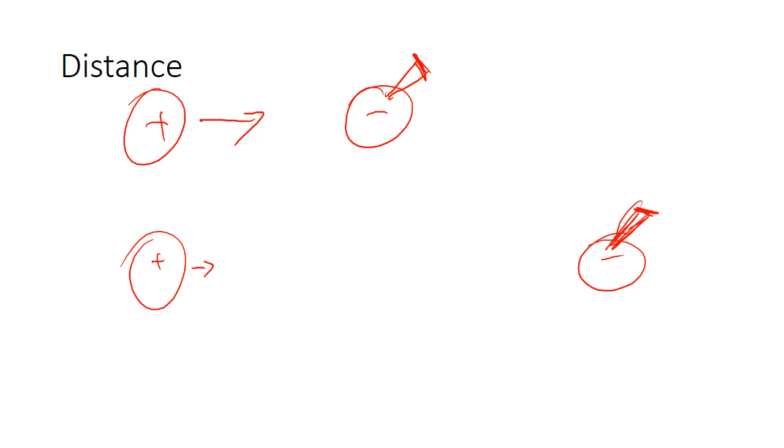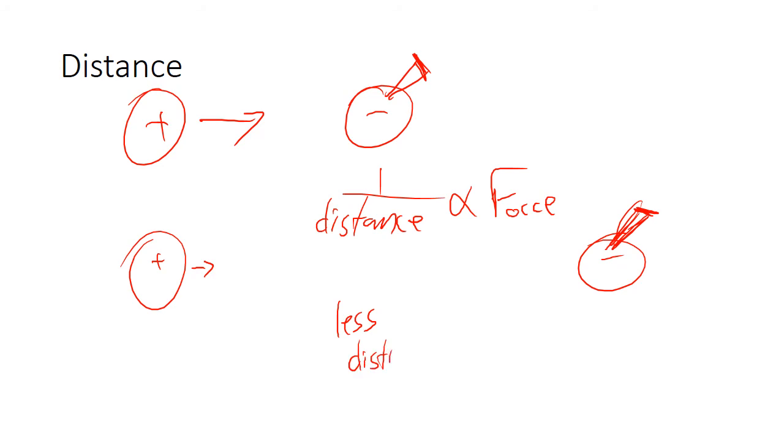So what we know then is that distance, right? I'm going to say the reciprocal of distance is proportional to force. Okay, so what this means is the less distance is equal to the more pull or push.